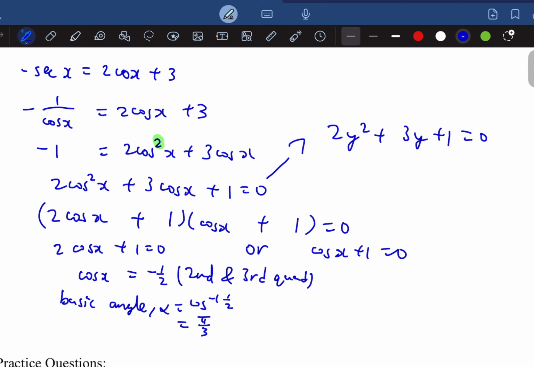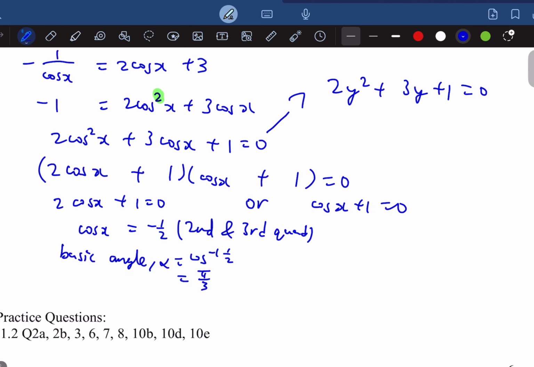Very happy. Don't need to change calculator mode. Okay, so pi over 3. Then second and third quadrant, so x equals to pi minus alpha. Third quadrant, pi plus alpha. So this one will be 2 over 3 pi, 4 over 3 pi.